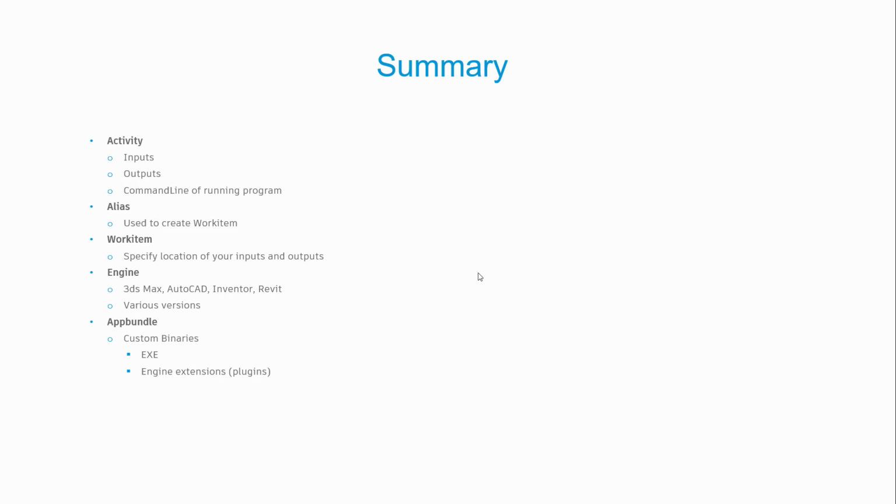For these purposes, we have AppBundles. You create a bundle with your binaries inside. AppBundles are also versioned, so to use them, there must be an alias created inside the AppBundle, pointing to the version you want to use. In the activity, you can define the AppBundle you want to use. Then your binaries are available when running the activity.